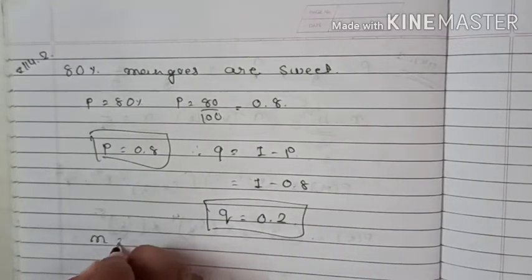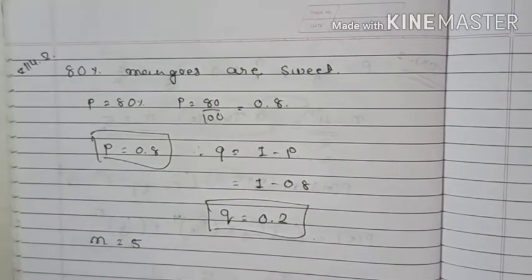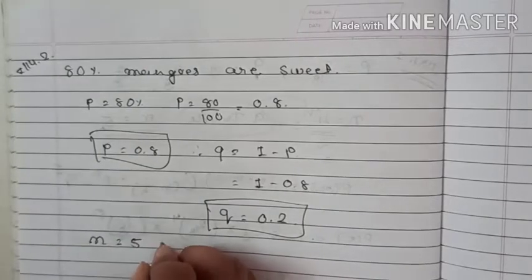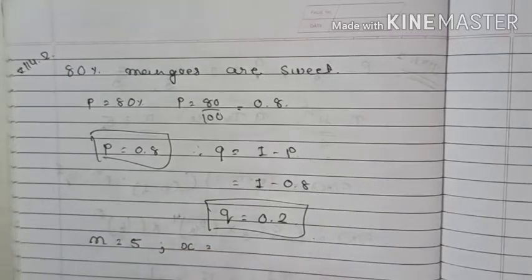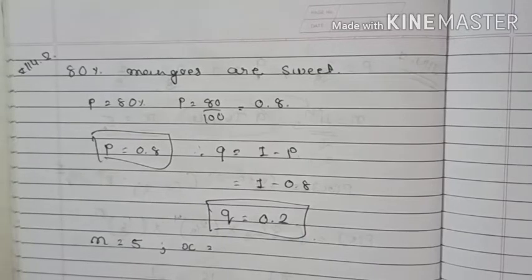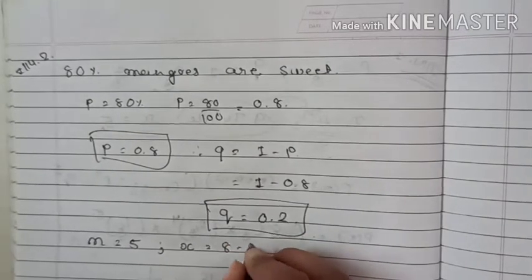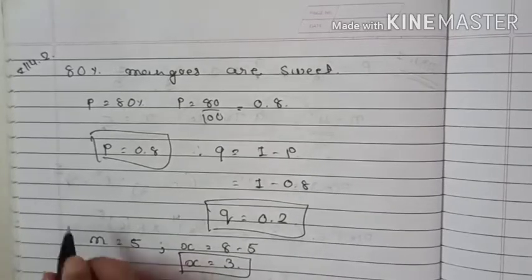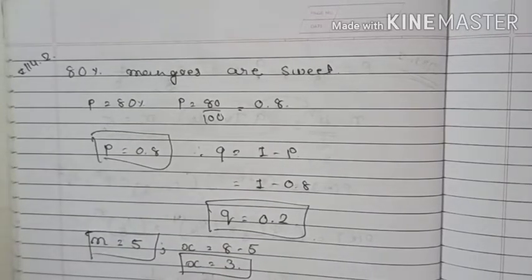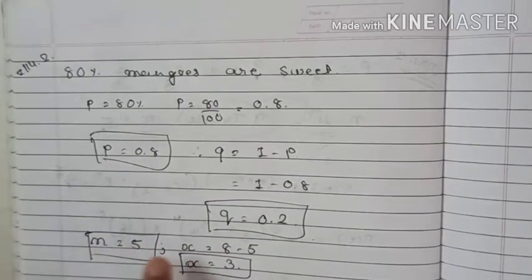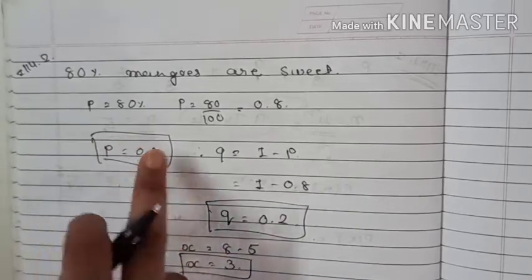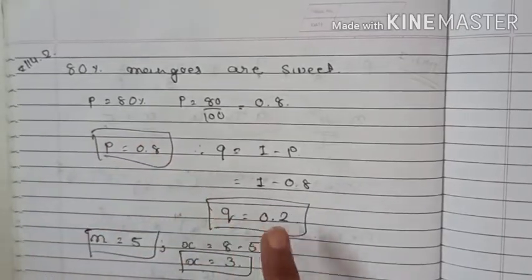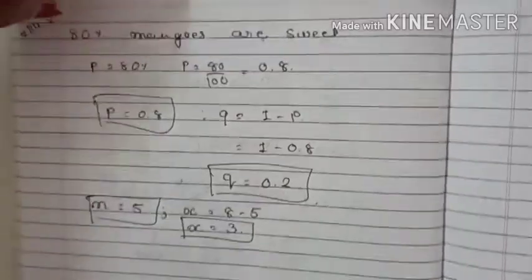So n will become 5 and x will become 8 minus 5, then x will become 3, right? So n will become 5, x will become 3, p here 0.8 and q is 0.2. Now let's apply the formula.